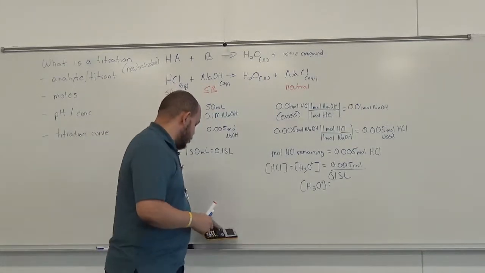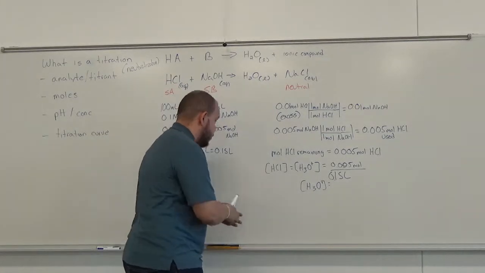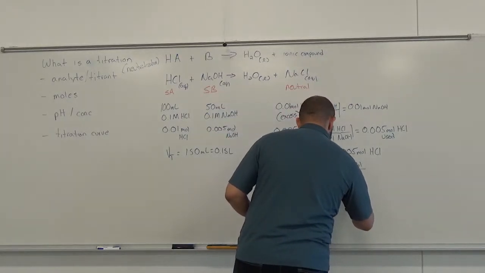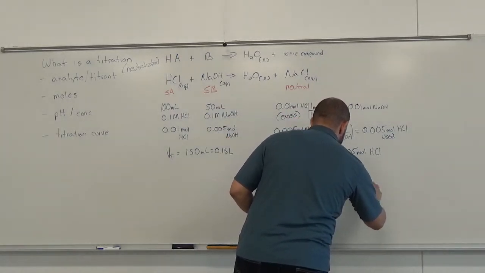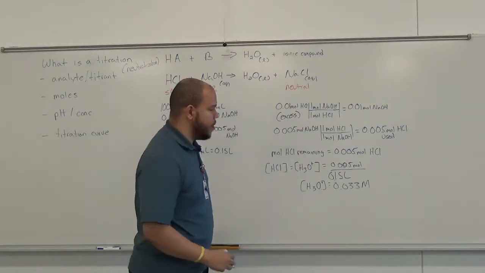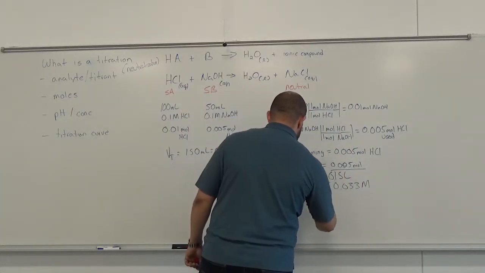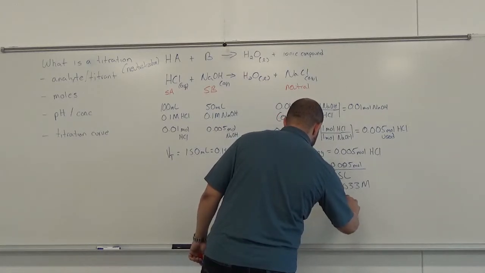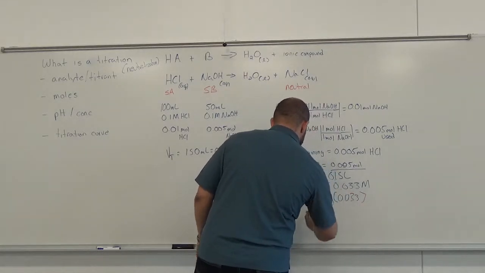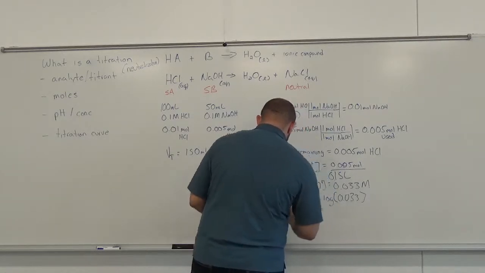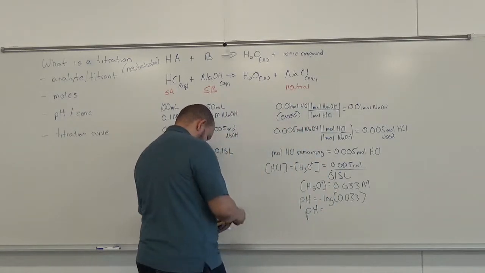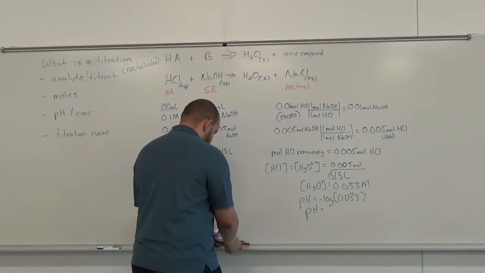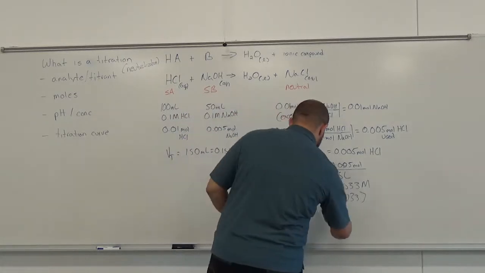And we have 0.033333, so 0.033 molar. Now from here, we should be able to determine pH by taking the negative log of 0.033, and we should see that the pH is equal to 1.48.